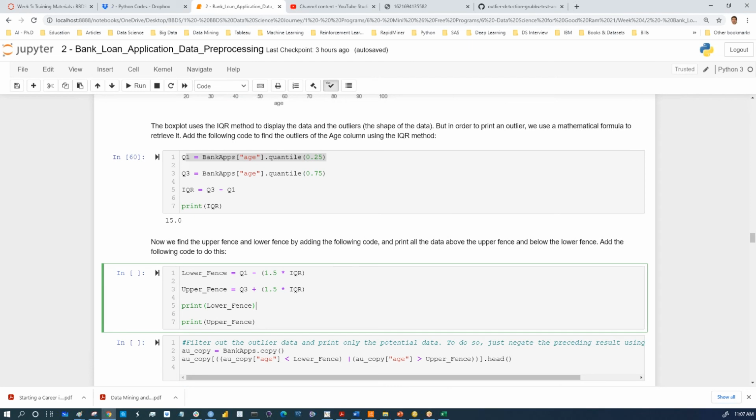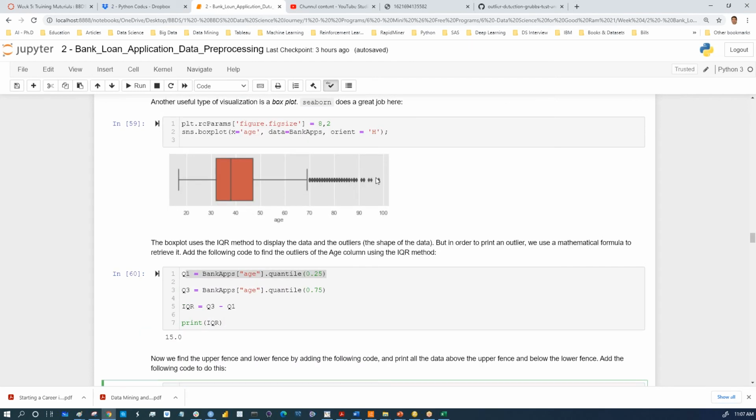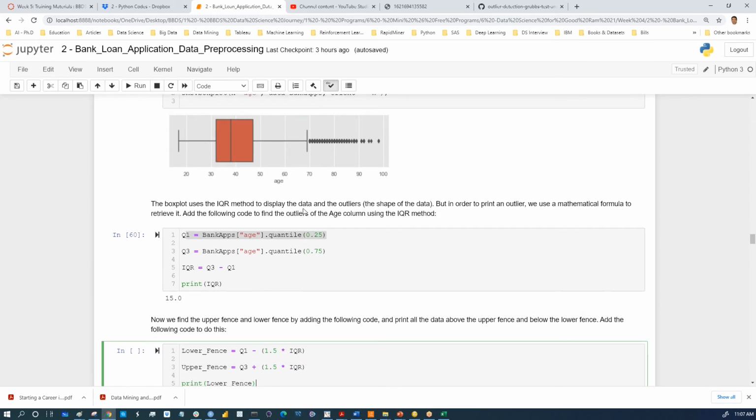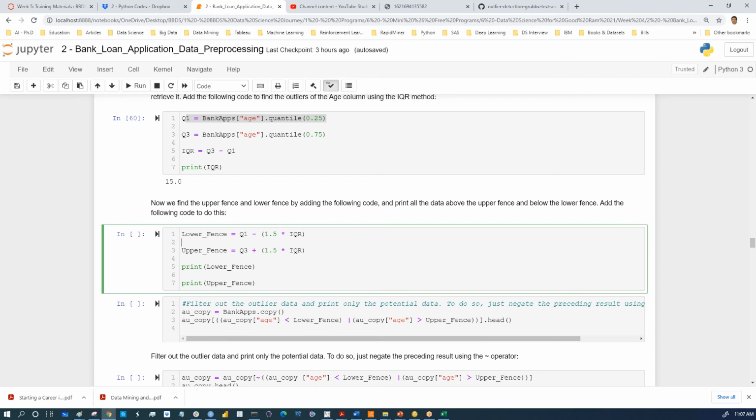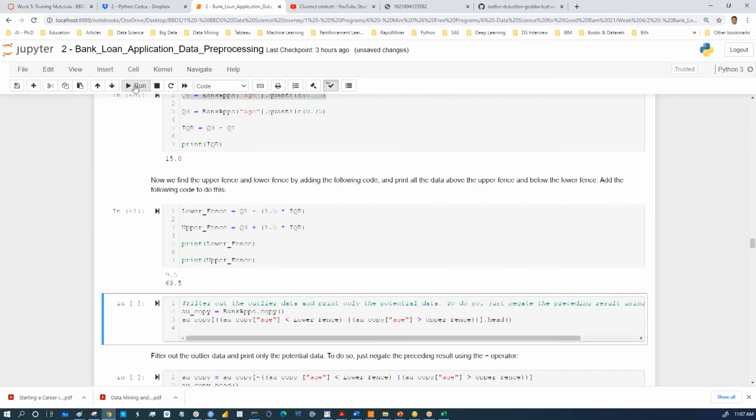So the outliers, either positive or negative, are anything beyond the whisker by 1.5 times the IQR. So let's determine. Anything that is below 9.5 is an outlier, and anything that is above 69.5 is an outlier.